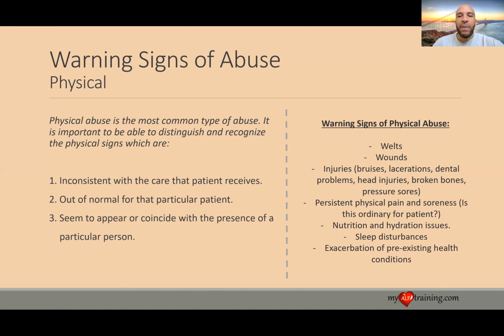A lot of us have pain who are not living in a care facility. So, this brings me back to 1 and 2 on your left side here. What's inconsistent with that patient and what's out of normal for that patient? So, is this persistent pain or persistent soreness out of ordinary for the patient?